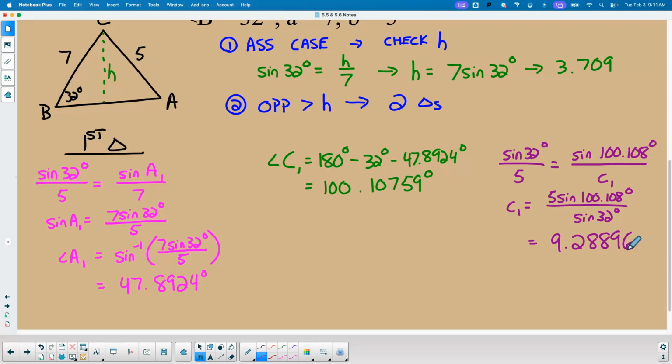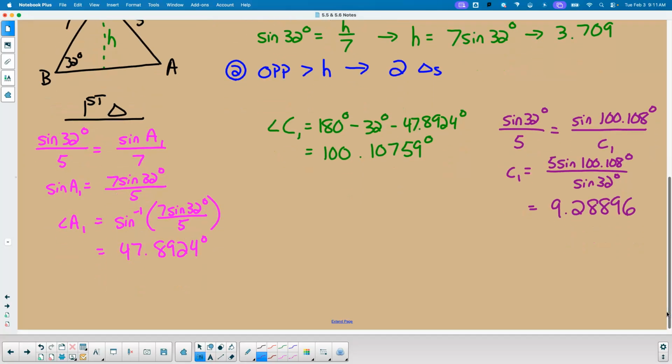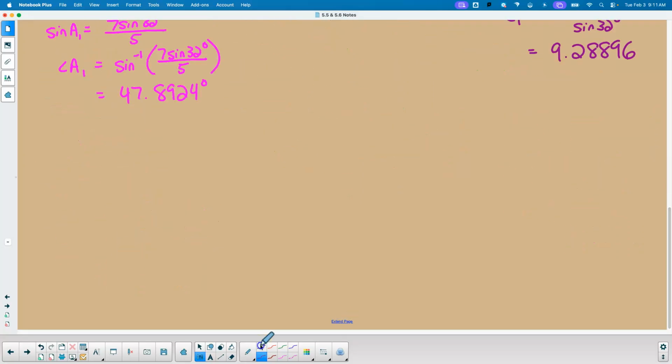Okay. Then we have to go to triangle number 2. Angle A sub 2 is going to be 180 degrees minus angle A sub 1.